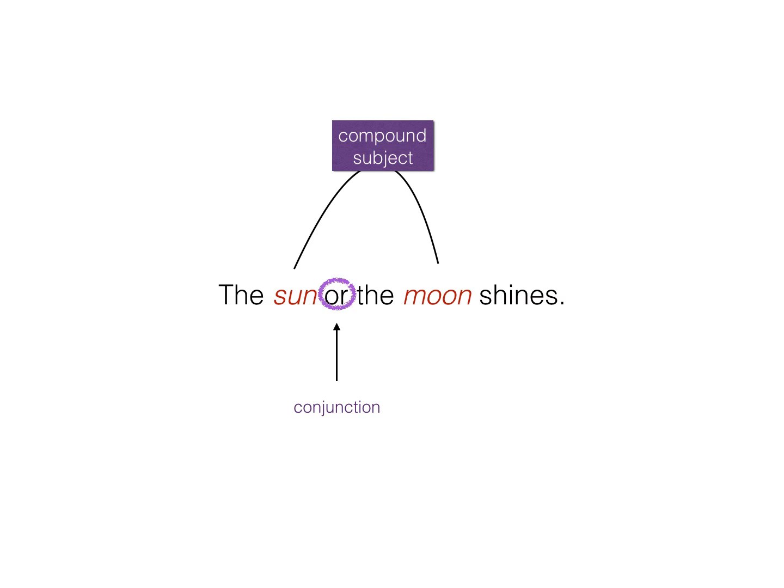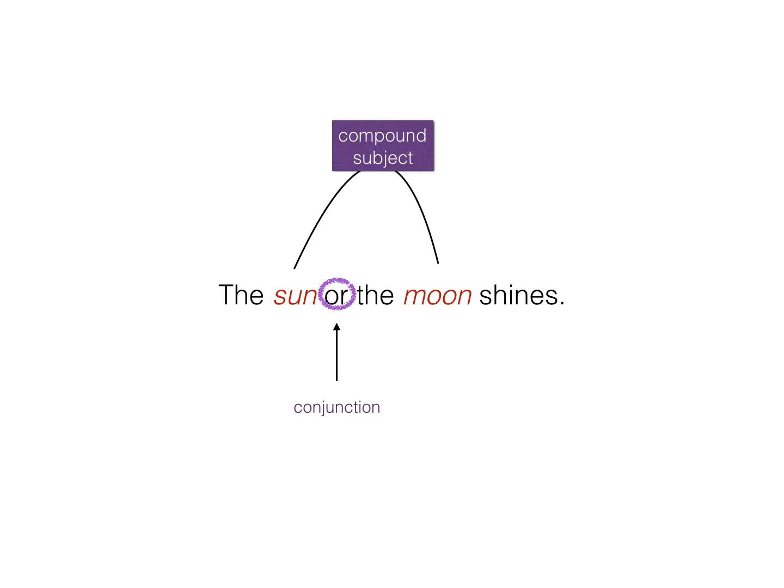Now another example, the sun or the moon shines. Let's locate the subject here. Our subjects here are sun and the word moon. Here we have the conjunction or. The words sun and moon are joined by or.